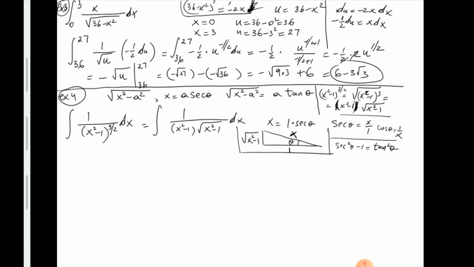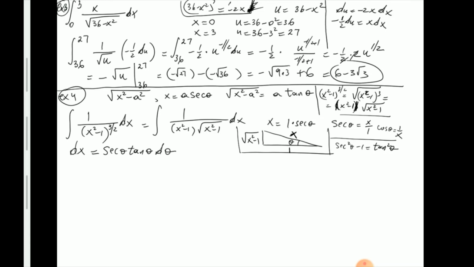Also we need dx. Let's not forget dx. dx is going to be the derivative of secant, which is secant theta tangent theta d theta. And now we finally are ready to replace in the integral.